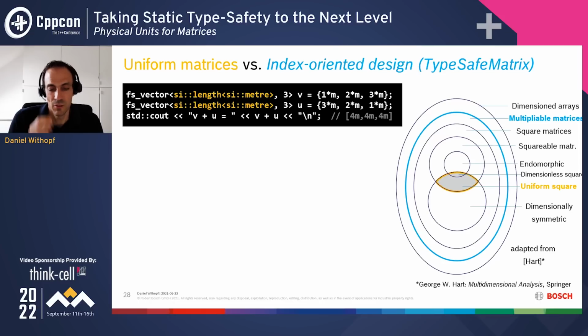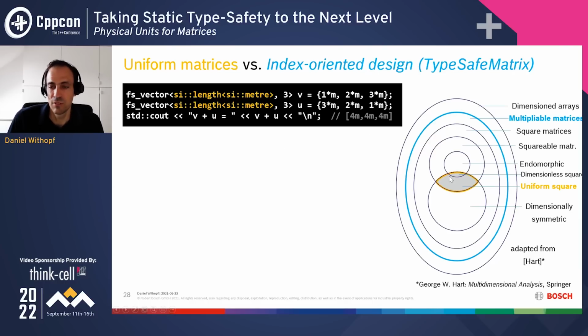Of course, that can only represent uniform matrices where all entries have the same unit. With my design in type-safe matrix, we can also represent non-uniform units in vectors and matrices. And this is visualized here on the right-hand side.